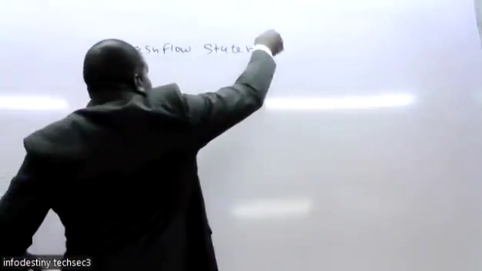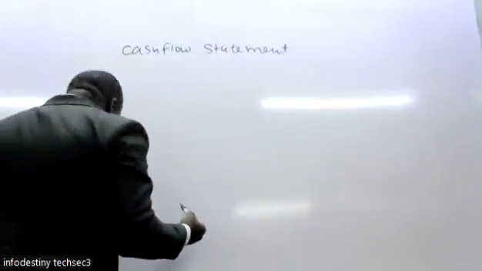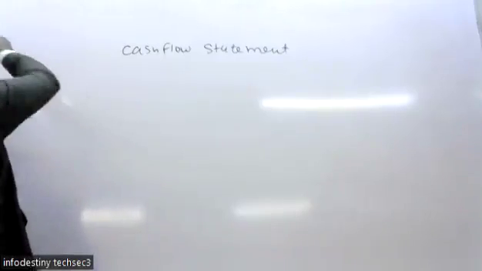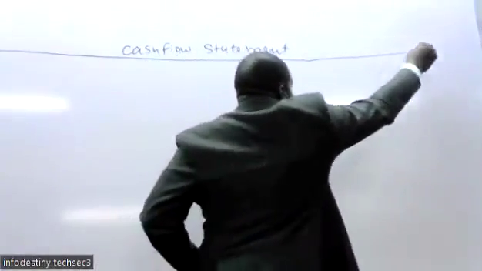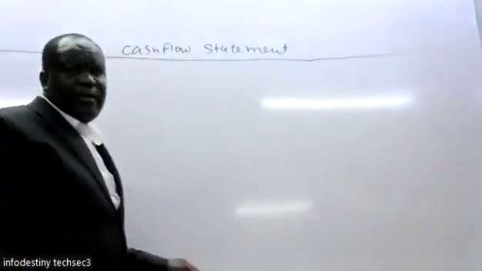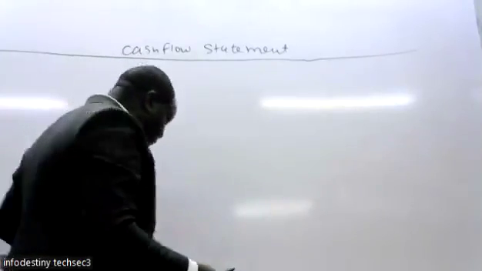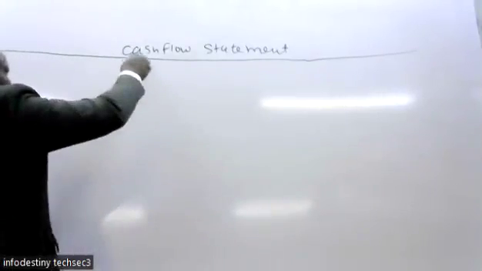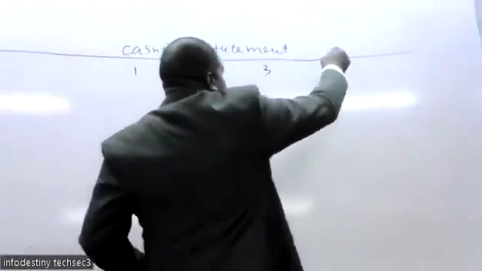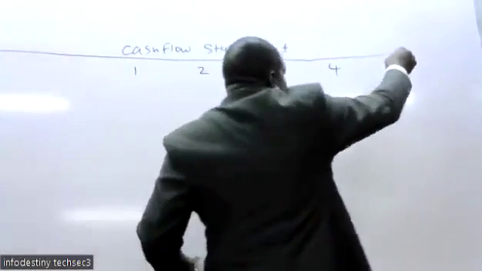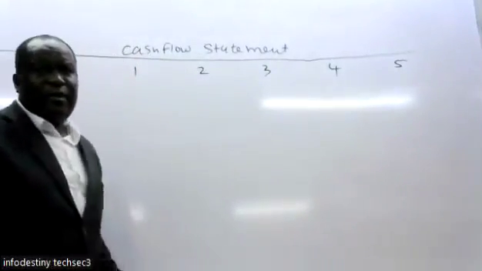There was year 1 up to year 5, so we shall have year 1, year 2, year 3, year 4, and year 5. So we want now to get the information.